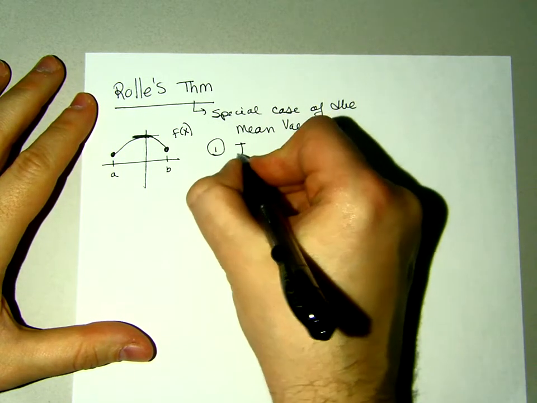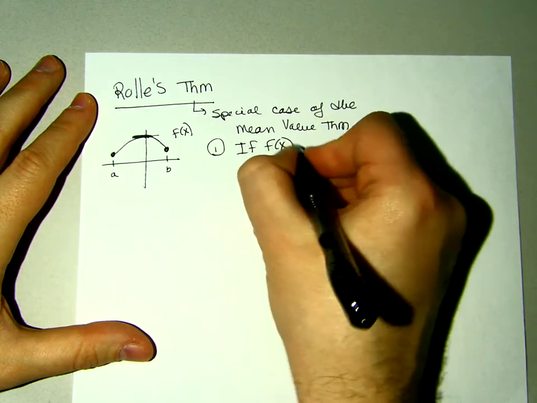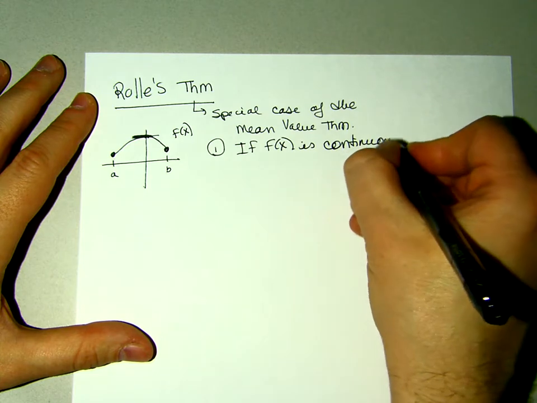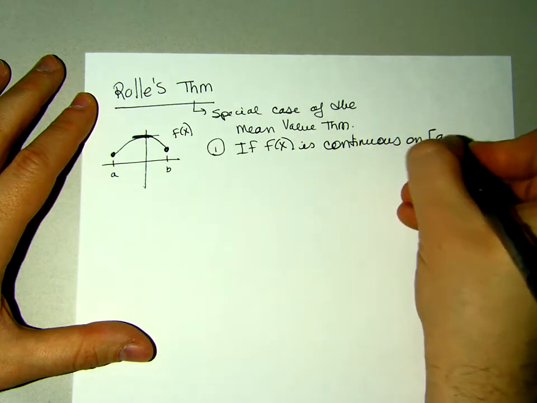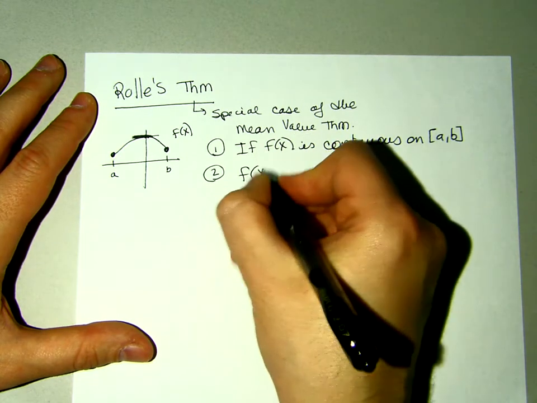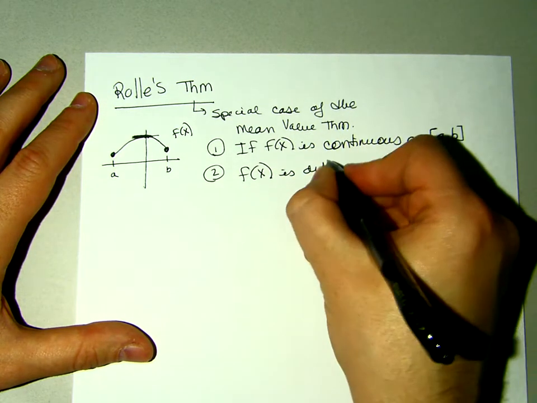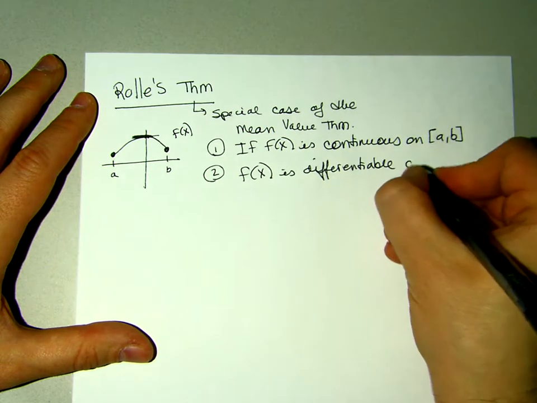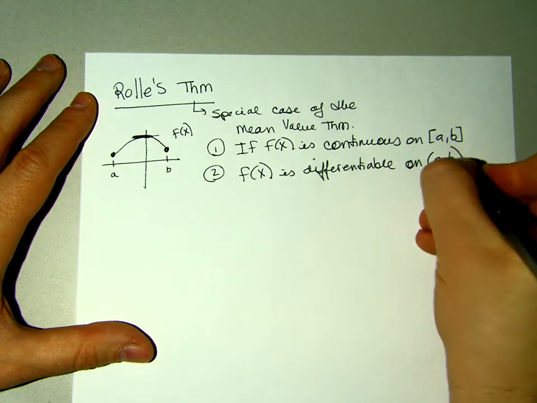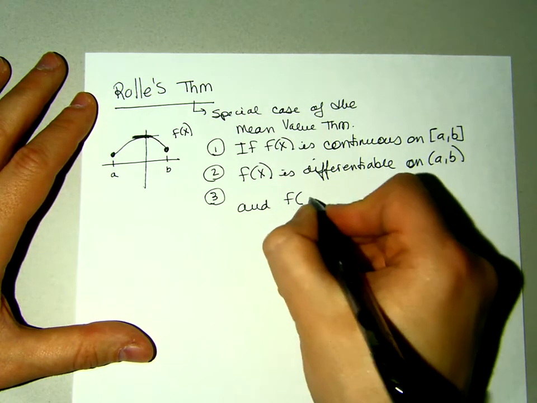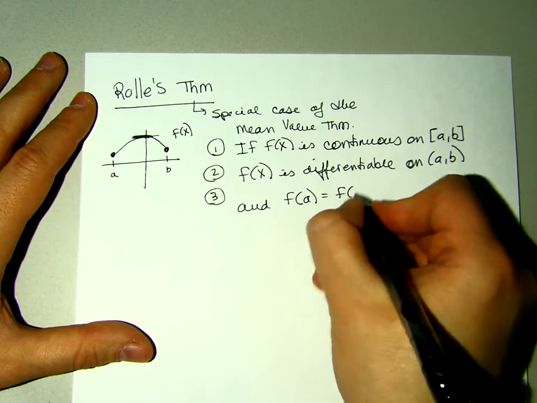1. If f of x is continuous on our closed interval from a to b. 2. f of x is differentiable on our open interval between a and b. And 3, there's a new requirement now: f of a equals f of b.